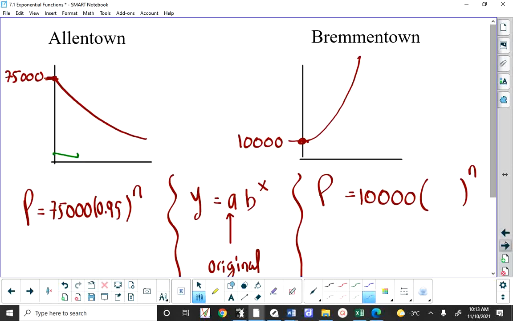Brementown's population is growing at 9%. That would mean that the base is 1.09, because it's 100% and you're piling on 9% onto that. So you get 109%, which is 1.09. On a written response on an exam or assignment, you would have to explain where you're getting this from. It's probably obvious to most of us, but you would have to explain it. So that's the answer to the first part of the question, those two functions.